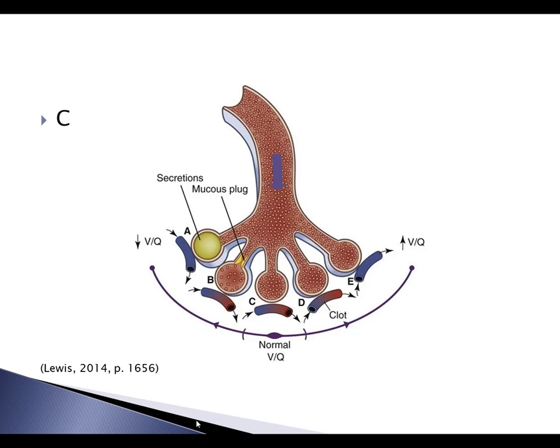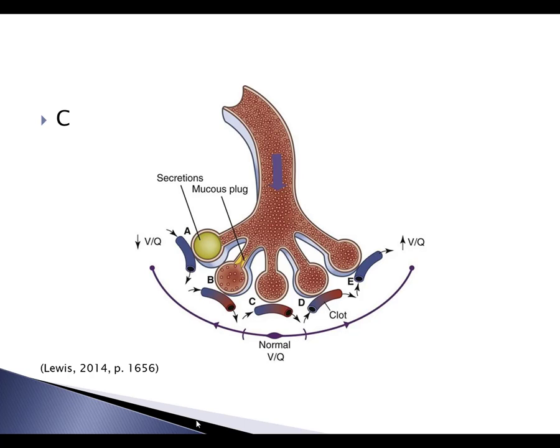D would be an example of VQ mismatch in which the patient is oxygenating well, but you can see that they've indicated a clot, and so it's being poorly perfused. The patient can't pump blood into those pulmonary capillaries, so the patient's still breathing the oxygen in, but the blood is not picking up the oxygen and exchanging the CO2 there.